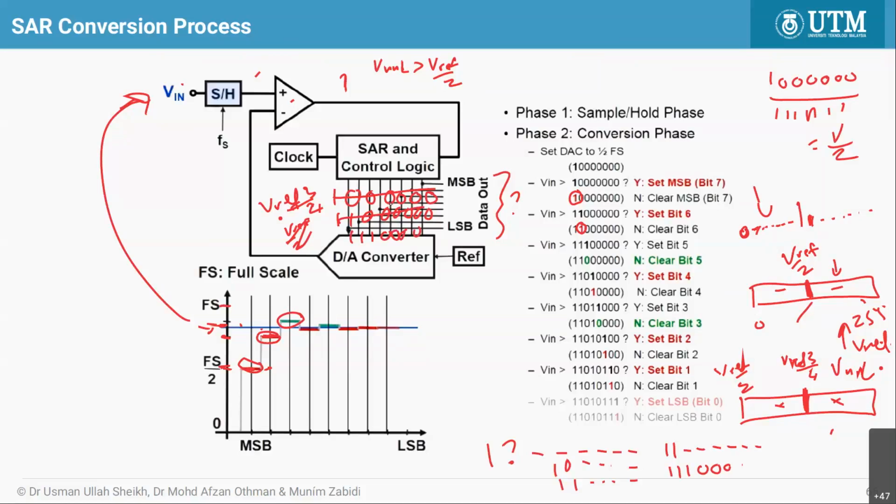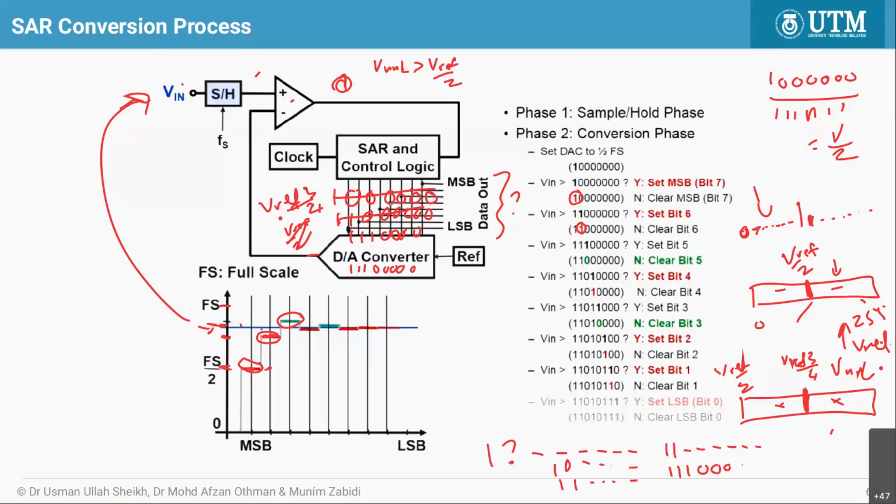And for the third clock cycle, the V unknown is actually less, so I have 0 here. The green one is the output from the ADC, which gives 1, 1, 1, 0, 0, 0, 0, 0.